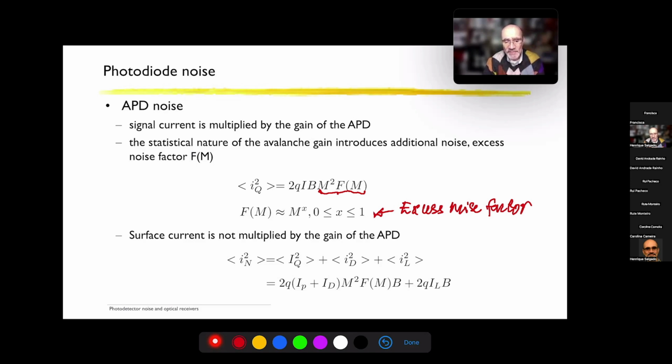This can be modeled by a simple expression equal to the APD gain to the power of x, where x is a value between 0 and 1. If x is 0, there's no avalanche noise added by the photodetector. If x is equal to 1, then the APD noise is maximum.